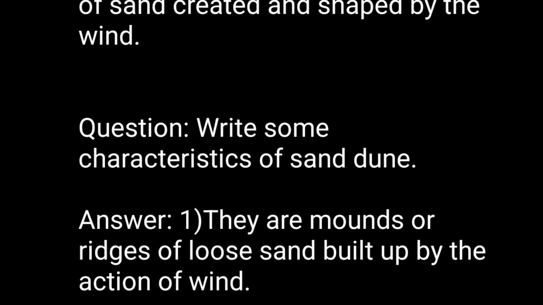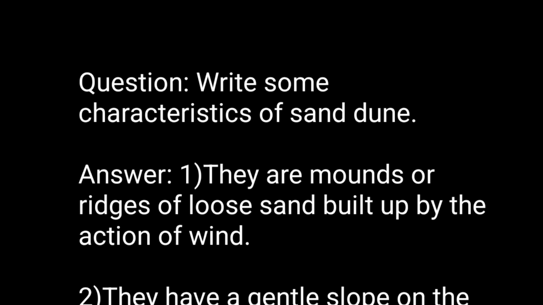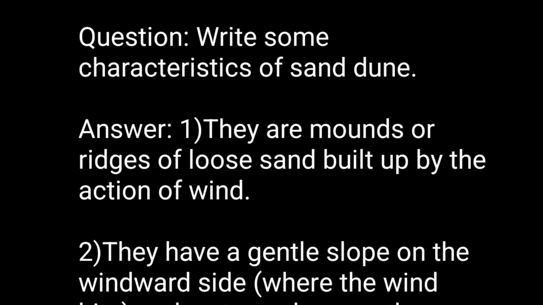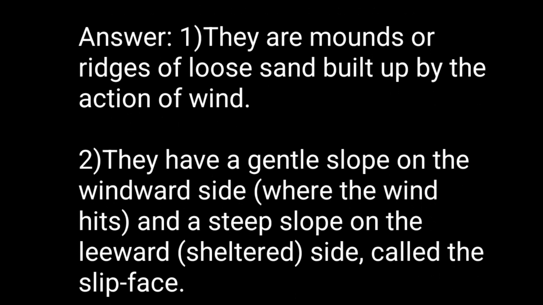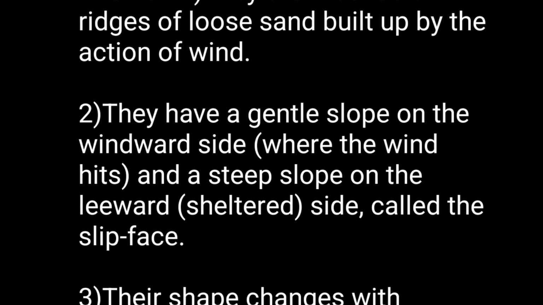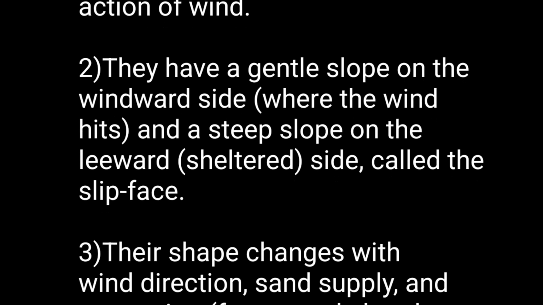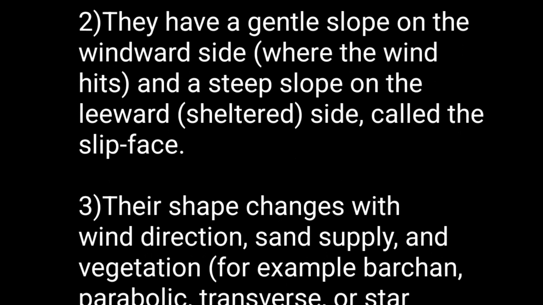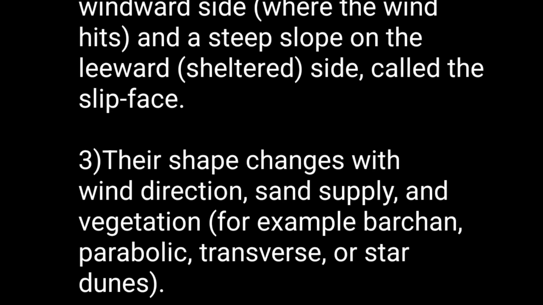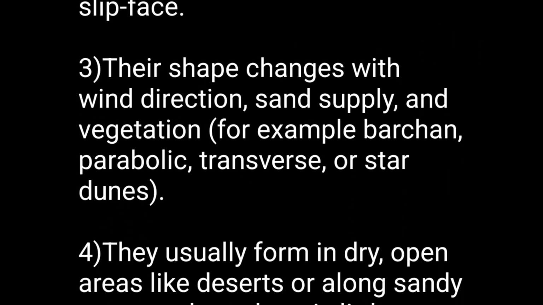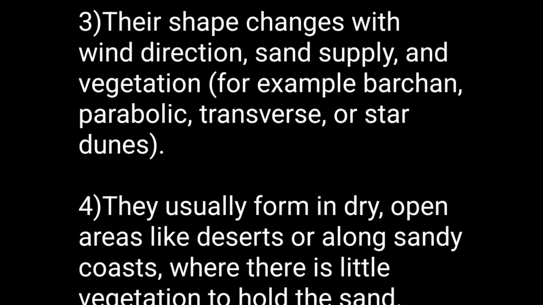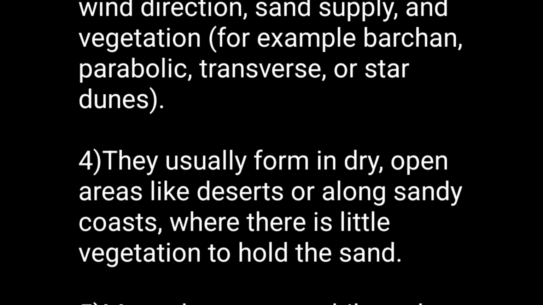Answer. 1. They are mounds or ridges of loose sand built up by the action of wind. 2. They have a gentle slope on the windward side, where the wind hits, and a steep slope on the leeward, sheltered, side, called the slip face. 3. Their shape changes with wind direction, sand supply, and vegetation, for example barchan, parabolic, transverse, or star dunes. 4.